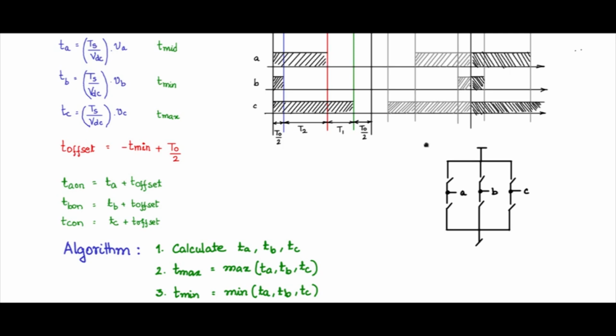When you make the inversion, you don't do a direct inversion and give it to the other complementary switch. You will have a delay mechanism built into your algorithm.